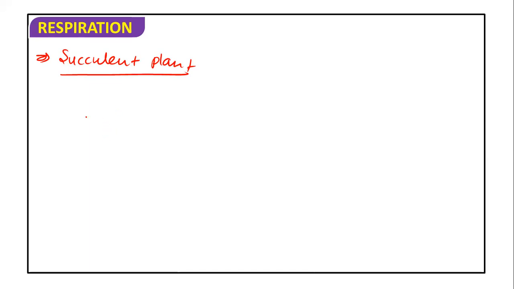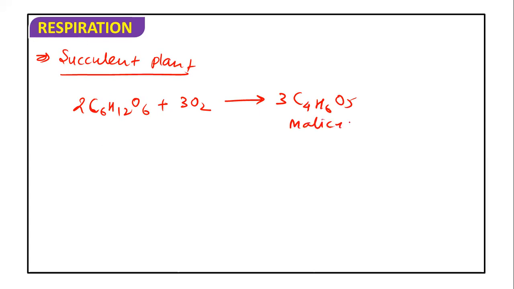In a succulent plant, C6H12O6 with only limited O2 available forms C4H6O5 malic acid along with 3H2O and energy. So here CO2 is not evolved and O2 is used. Because of this, in the succulent plant the RQ is going to be 0.